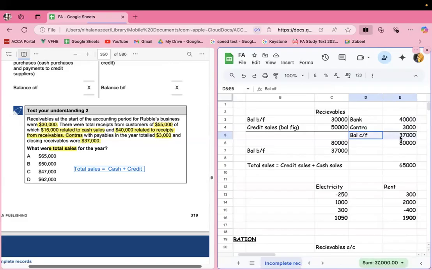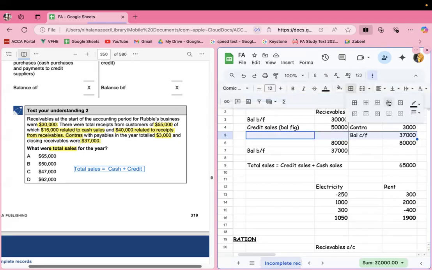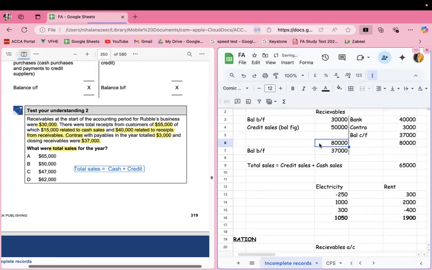And you already know the balance carried forward because it is given to you at the end of the year. The closing receivable is 37,000. Understood?